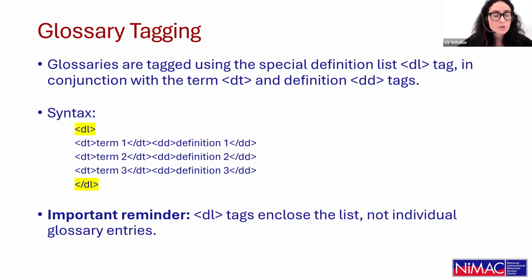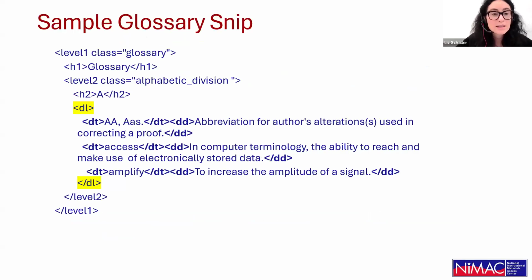And one reminder, because we do see this from time to time, the DL definition list tag is intended to enclose the full list, not individual glossary entries. So you can see this is a sample snip from the DAISY structure guidelines showing how that DL tag wraps around the whole list, in this case, the alphabetical division of the list, with the terms and definitions nested within it.